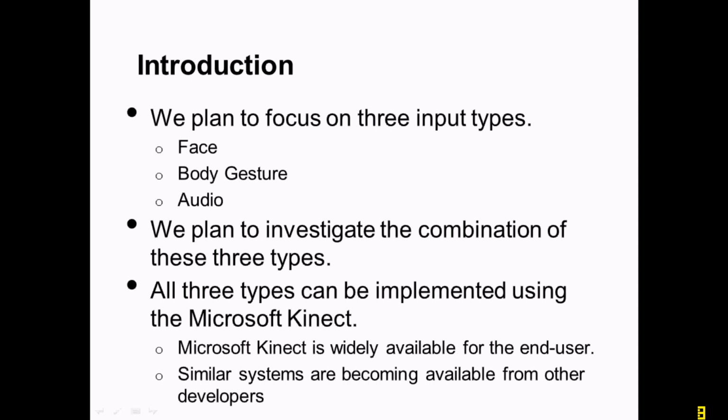This device is widely available, and similar systems are becoming available from other corporations and developers. So hopefully whatever research we conduct using this device will be applicable to future devices in general.